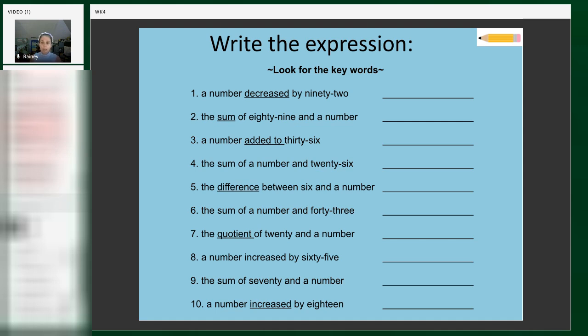Okay, so I'm going to start writing in some answers here, friends and students. A number decreased by 92. You can use any letter you want. I just use N. This one is special. It has to be in that order because you're adding something, a number to 36.